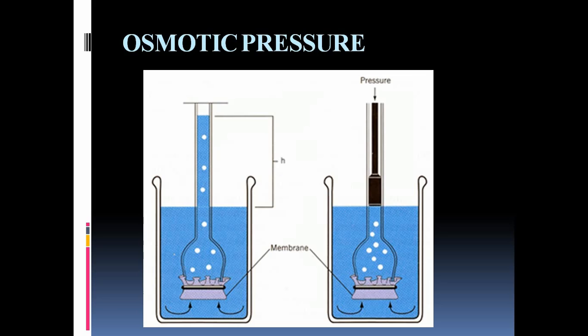Osmotic pressure is the minimum pressure that is applied to a solution to stop the flow of solvent molecules through a semi-permeable membrane. What is happening, you see, due to concentration difference between the water in the beaker and the solution in the thistle funnel, there is a continuous endosmosis.